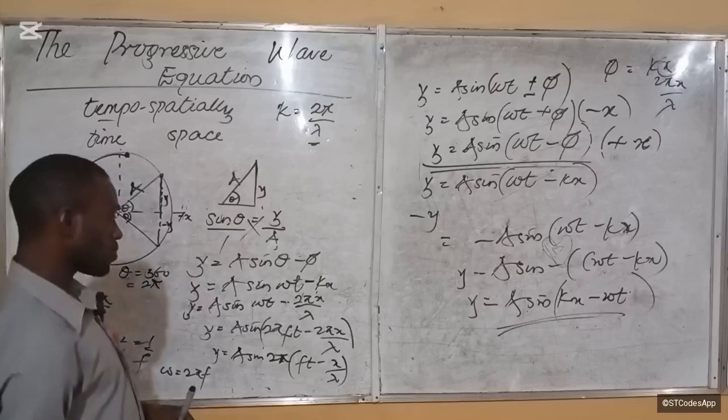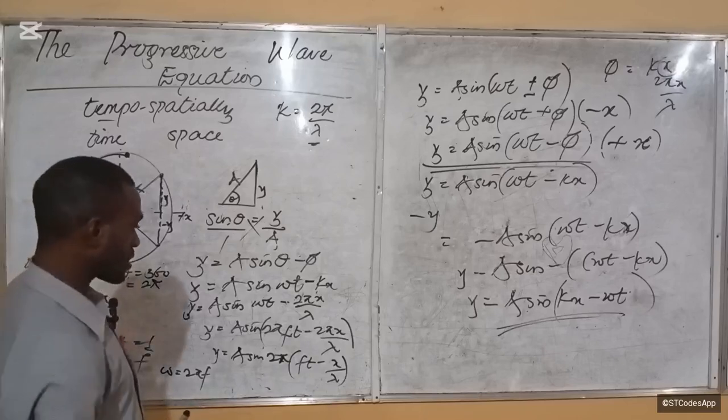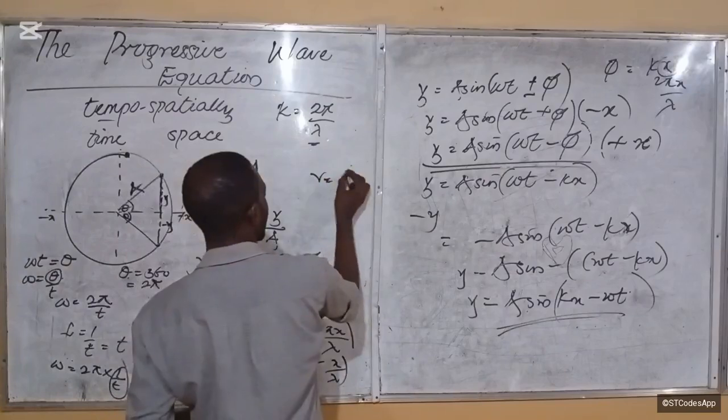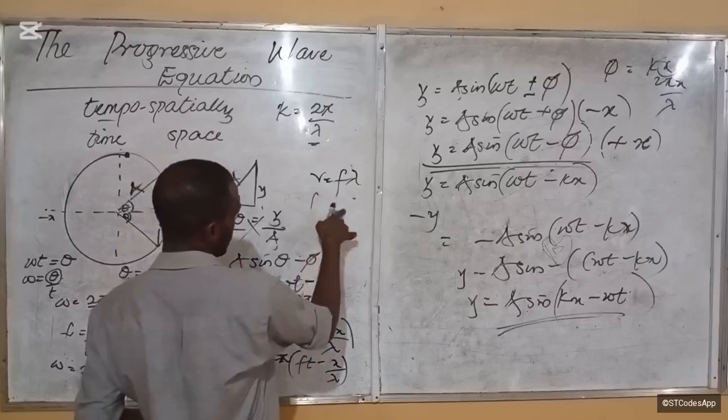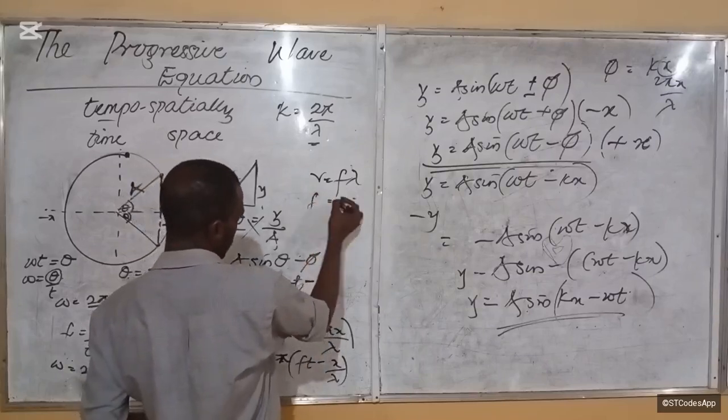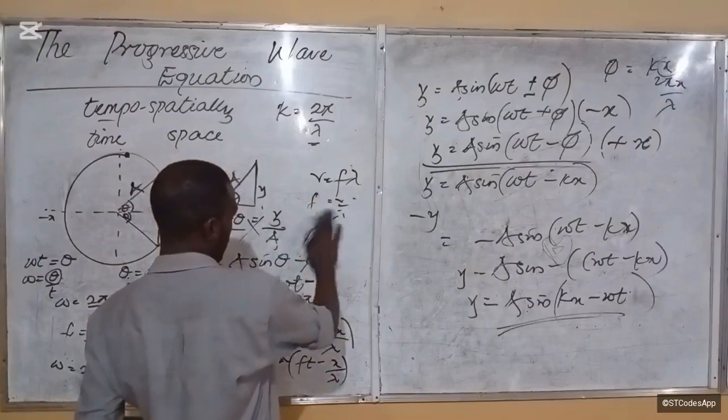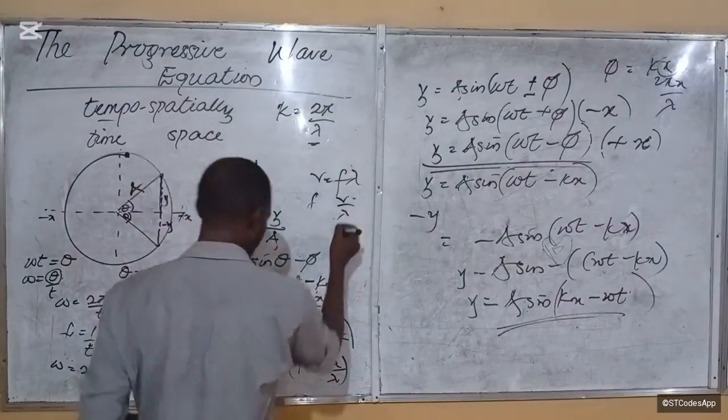I could also decide, you know that v is equal to f lambda. Since f is equal to v over lambda, f will be equal to v over lambda.